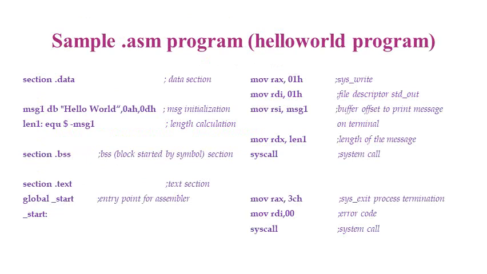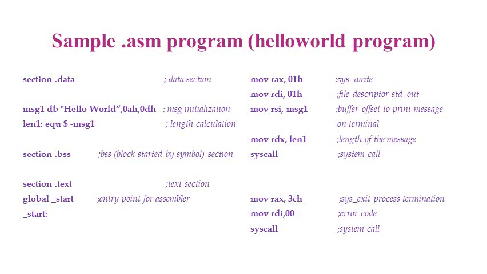Now see the sample .asm program. Here I have given the hello world program. Now see, the program starts with section .data. In the data section I have declared one message, that is the hello world message, and that I have displayed on a terminal. So msg1 db hello world, 0h, 0dh.